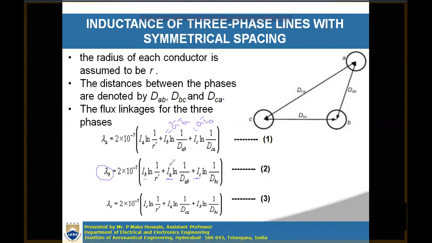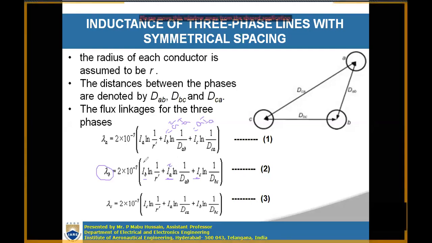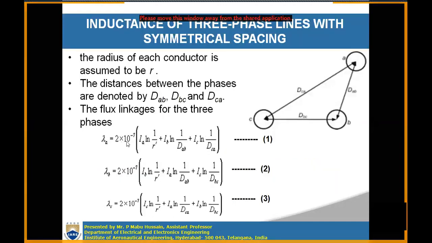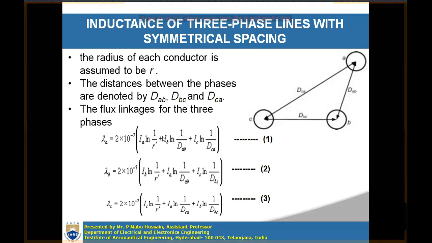For the first conductor, this can be written as lambda A equals 2 into 10 power minus 7. When you take IA as common, you will get [ln 1 by r dash plus a square into ln 1 by dab plus a into ln 1 by dca].